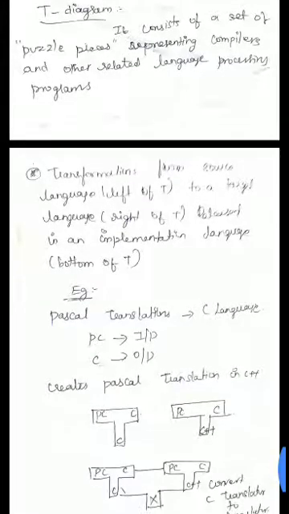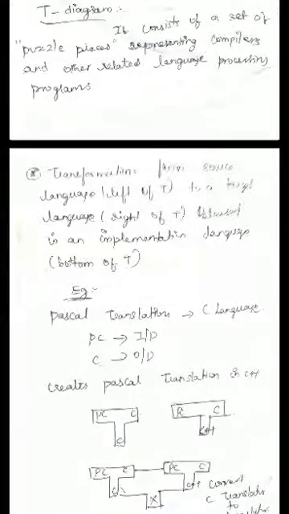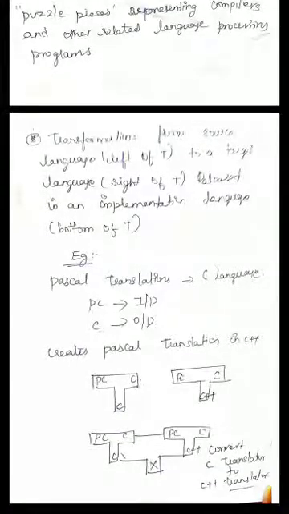When we take this example, in the Pascal translation we are using the C translator. Here the input is Pascal code and the output is C. It creates the Pascal translation. This is the simple T diagram.